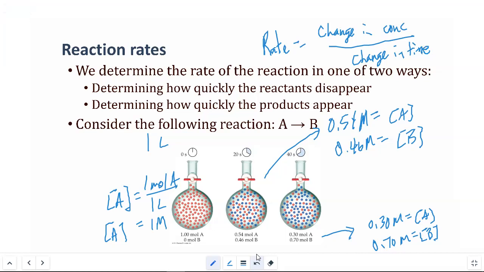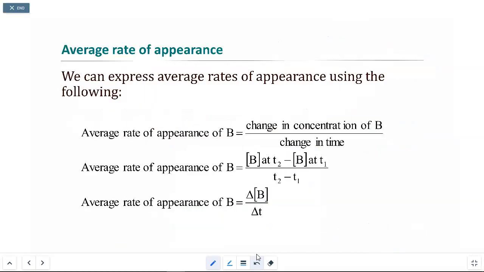And so again, we can look at this from the perspective of each one of them and make those calculations. So let's just say that we are looking at the change in concentration for the product B. Well, that would equal the change in concentration for B divided by the change in time.